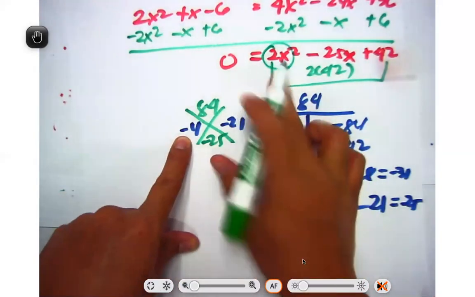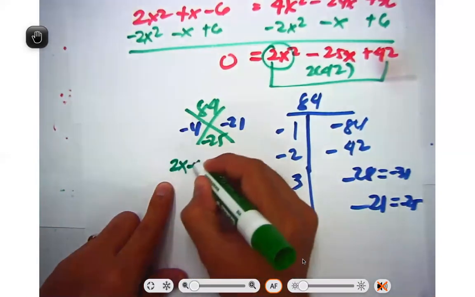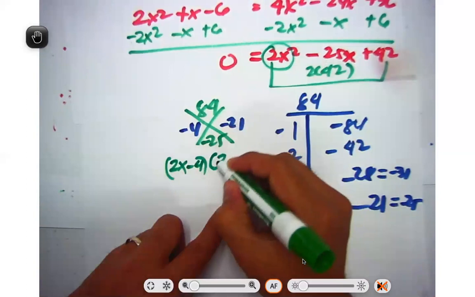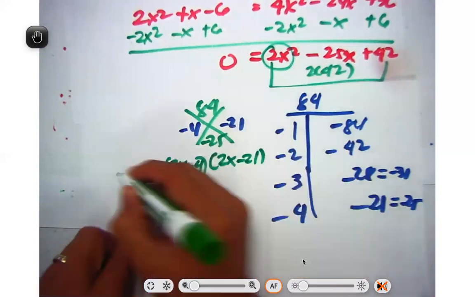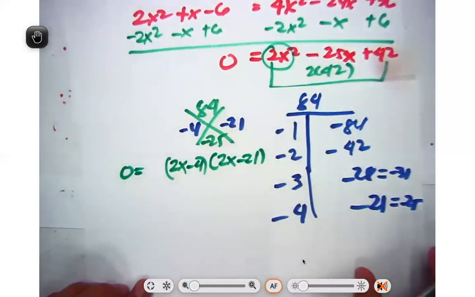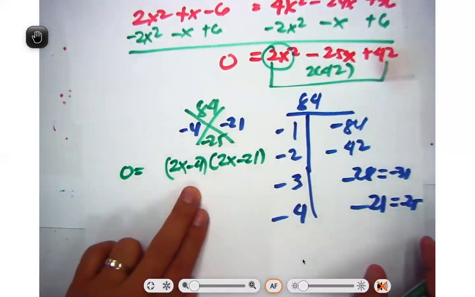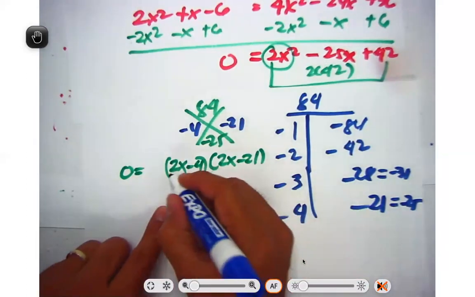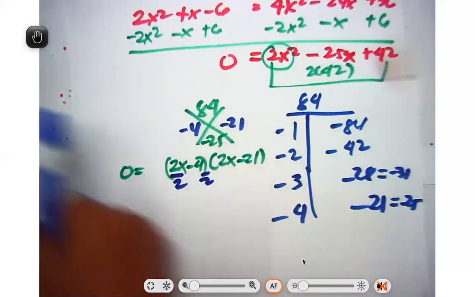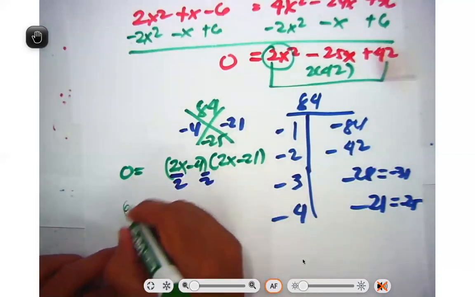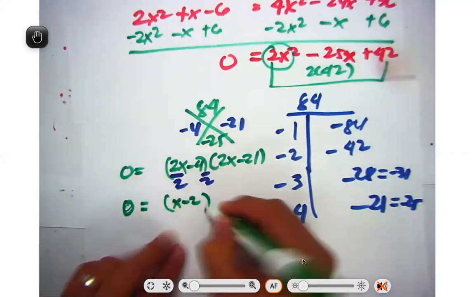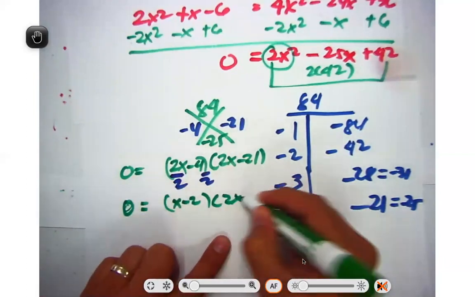It will be 2x minus 4, and then 2x minus 21. But we need to simplify one of them or two of them. 2, 4. What number divides 2, 4? It's going to be 2, right? So of course we have x minus 2 here, 2x minus 21.